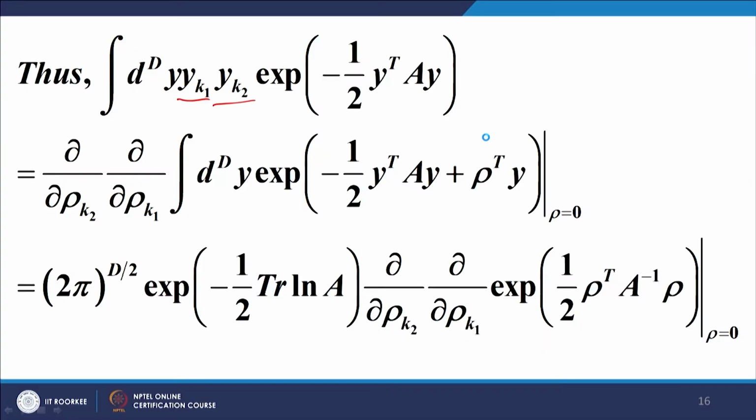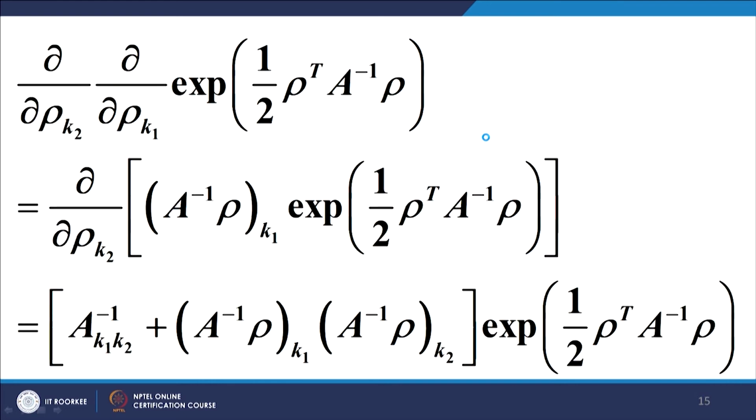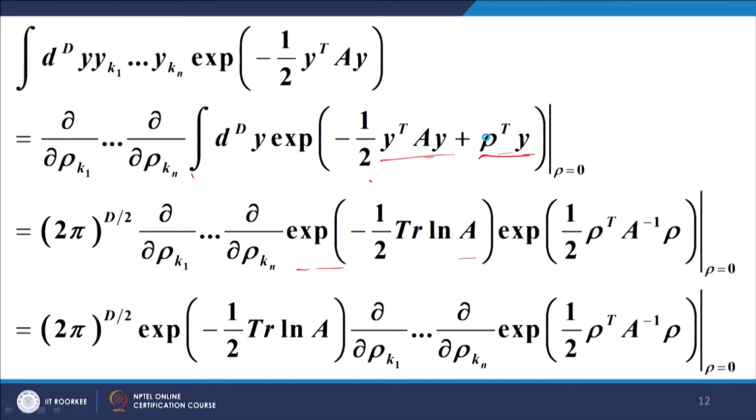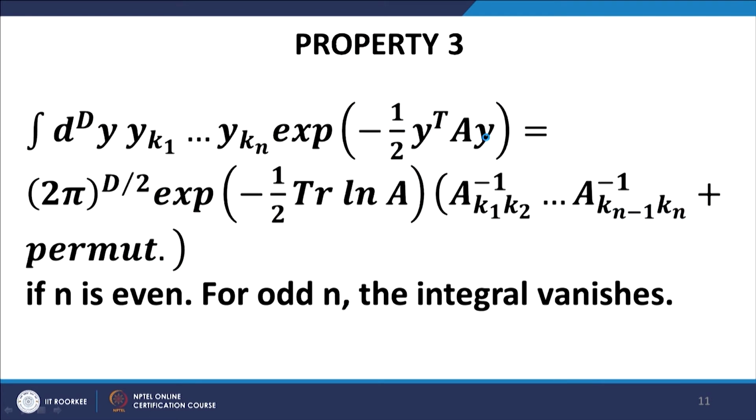So, this integral is very important. For odd numbers it gives you a 0 result, for even numbers it gives you a number of terms, n by 2 terms in fact, where n is the number of k 1, k 2, k n. You can have a look at this, it is given, yeah, here it is. Yes, A inverse k 1 k 2, A inverse k n minus 1 k n plus the permutations of these quantities, there will be n by 2 terms in total.